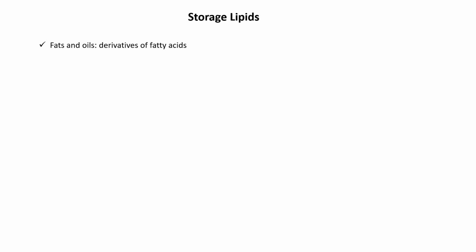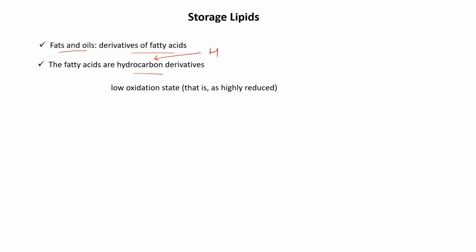Now first, storage lipids. Fats and oils are the stored form of energy and these are derivatives of fatty acids. Fatty acids are hydrocarbon derivatives. The word hydrocarbon means they have a lot of hydrogen atoms in their structure, and more hydrogen atoms means these are reduced compounds with low oxidation state.